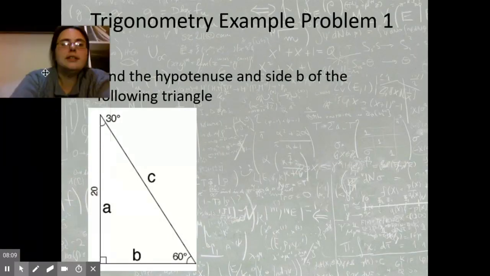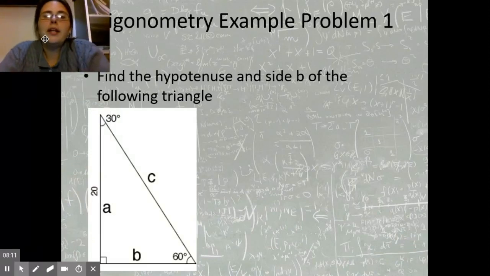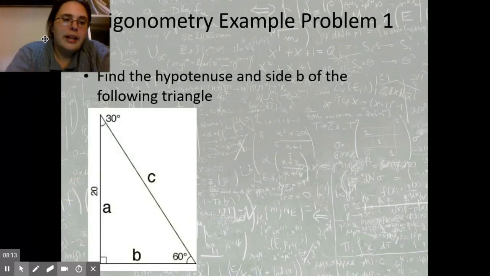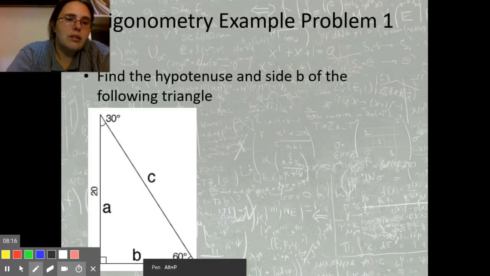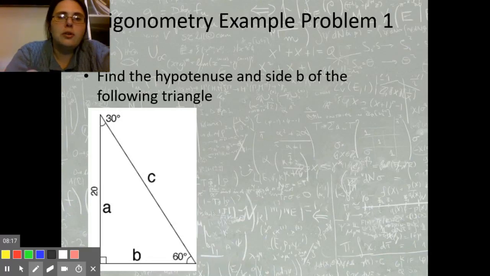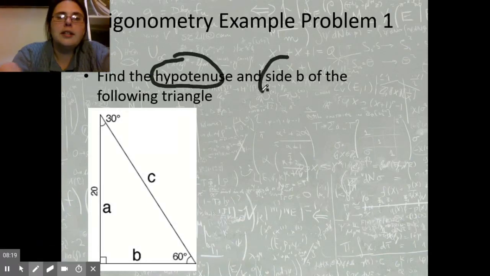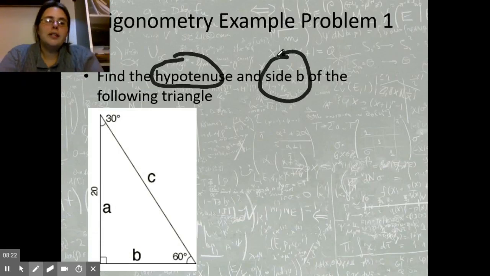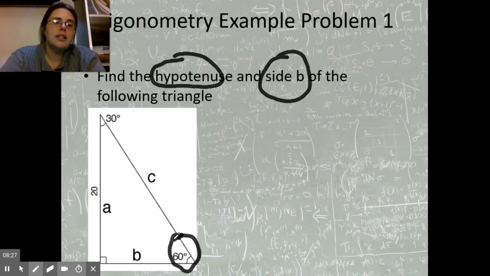So here is an example problem, and we want to find the hypotenuse and side B of the following triangle. So we want the hypotenuse and side B. If we find the hypotenuse, we can start there. So to do that, we say this is the angle we have. It's some angle. We know we're going to need a ratio.